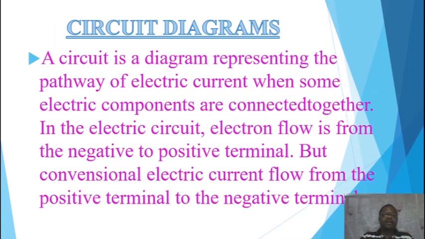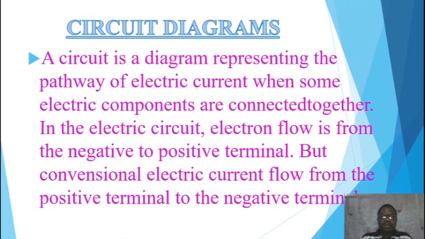Okay, now circuit diagrams. You find out that we always represent the connection of the pathway of electric current flow in a diagram. So such a diagram is called what? The circuit diagram.